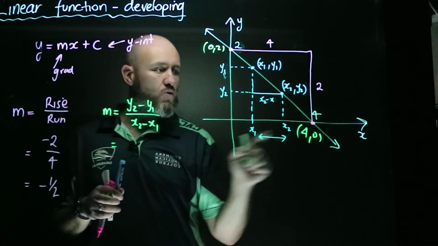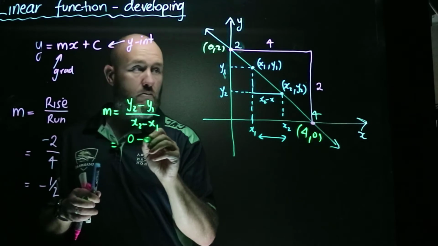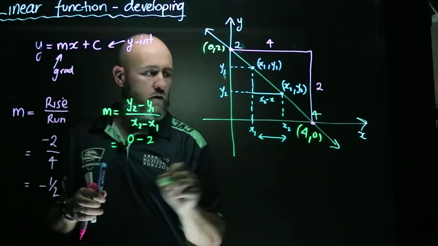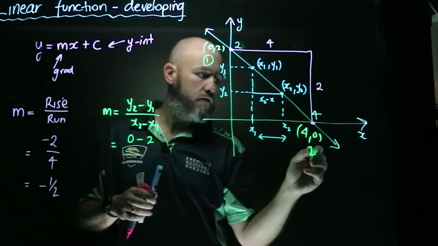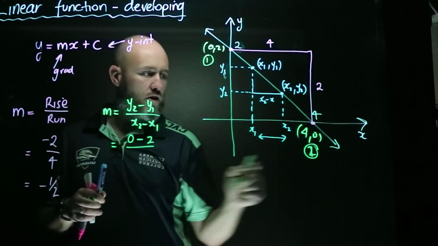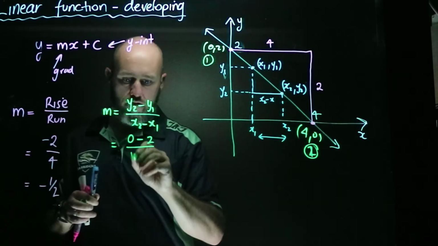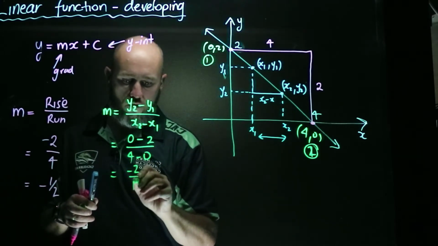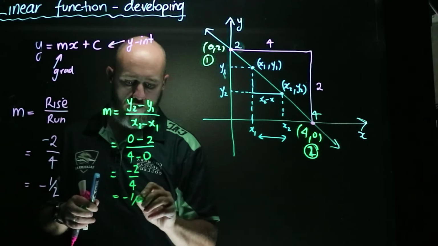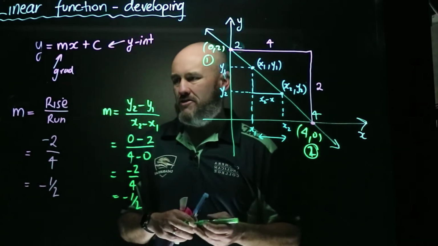So y2 minus y1 is going to be 0 minus 2, because I'm using this as my 2 and this is my 1. And then x2 minus x1 is 4 minus 0. And that gives me negative 2 over 4, which gives me negative 1/2 again. So I'm happy I got the same answer.